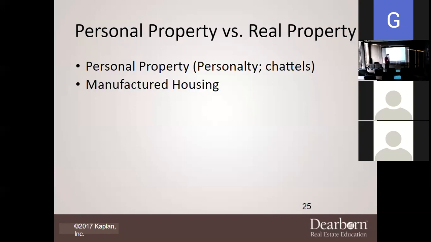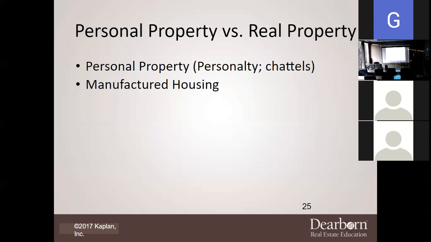Now, manufactured housing. Why in the world did they put manufactured housing under personal property? They're not always attached. You can take that thing wherever you want to. Trailer houses are on a trailer, they have wheels, so they can be moved. Manufactured houses can start out as personal, but turn into real.